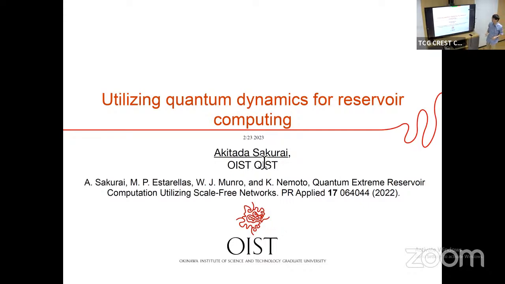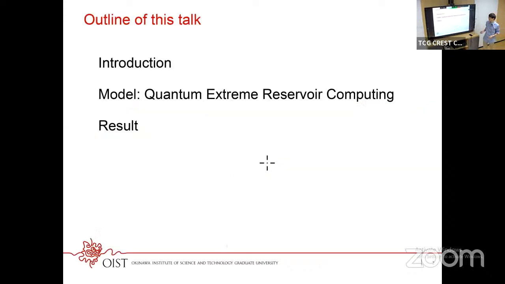Okay. Anyway, today I would like to talk about utilizing the quantum dynamics for reservoir computing, or I can say for quantum machine learning. So this is the outline of this talk. It's really simple.